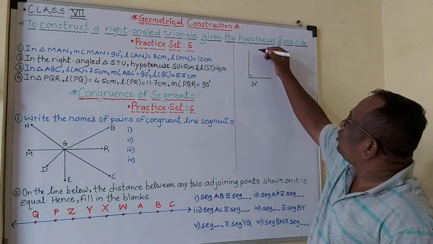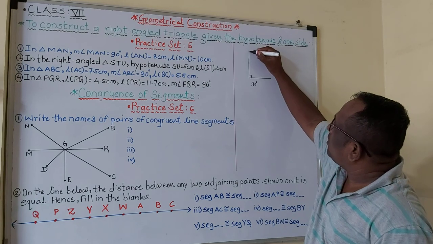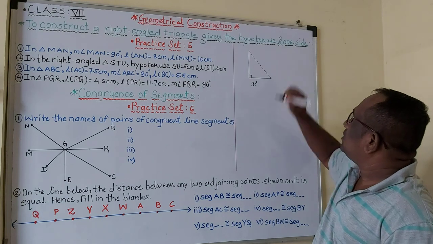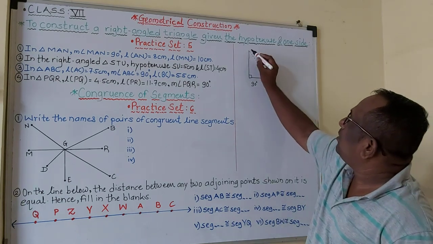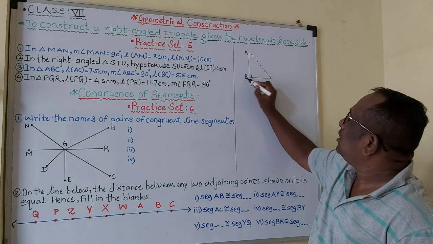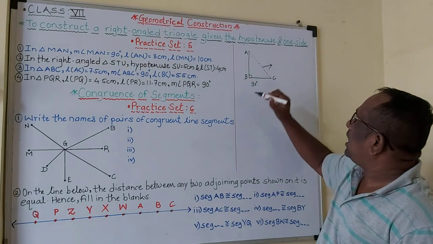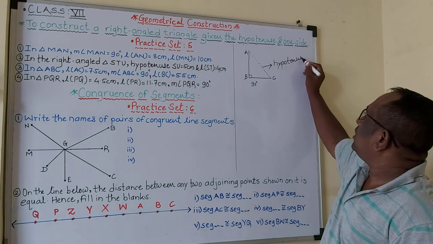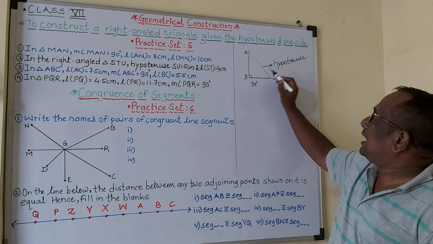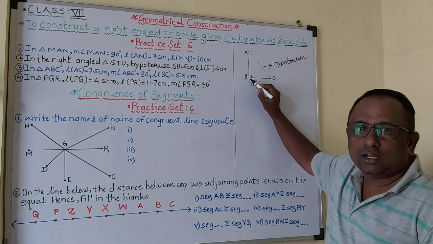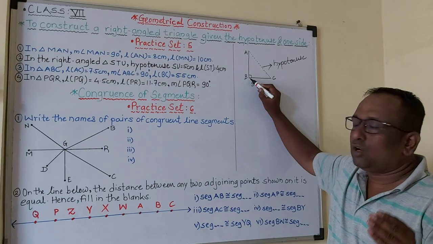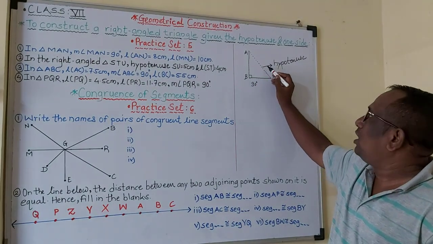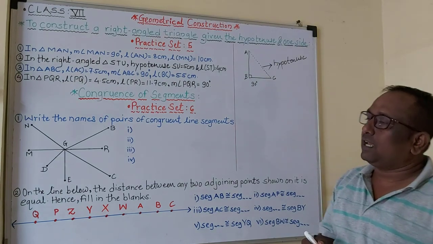Now if I join these two line segments with this line segment, we give the names A, B, C. So this line is called the hypotenuse. It is exactly opposite to the right angle. The segment which is exactly opposite to the right angle is called the hypotenuse of that right angle triangle.